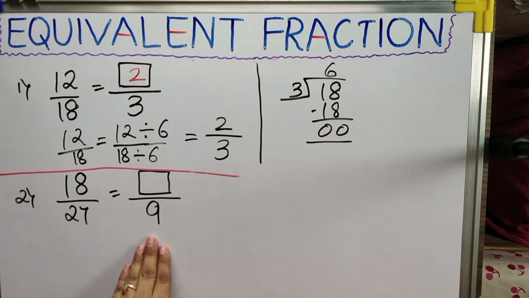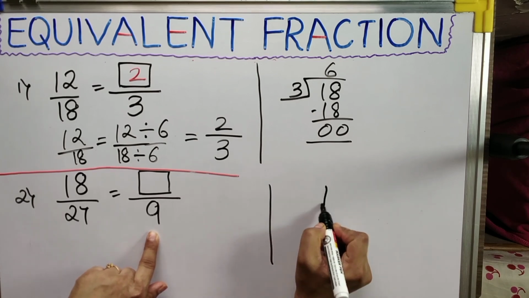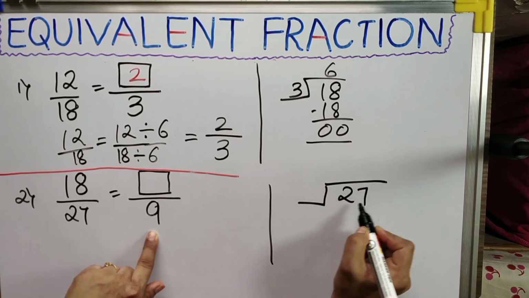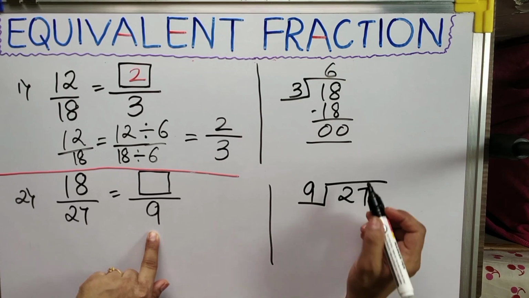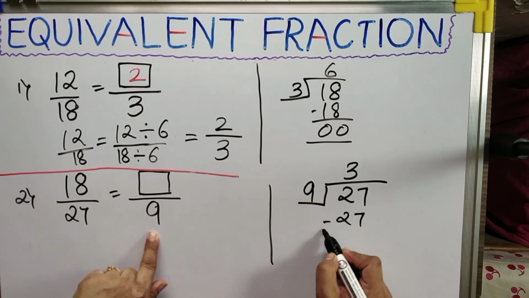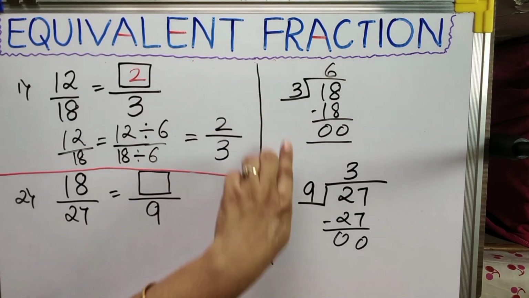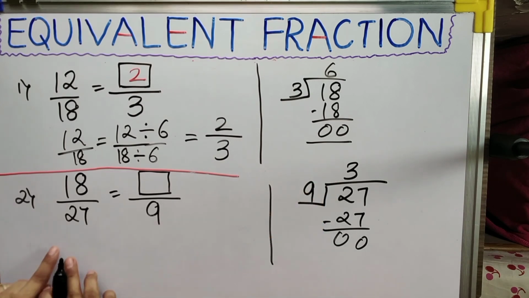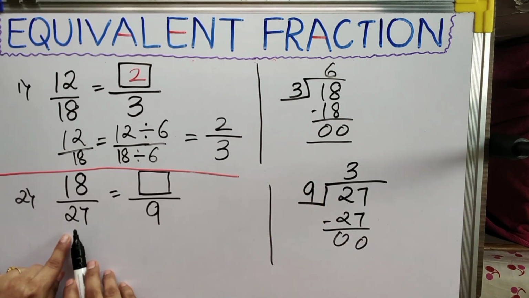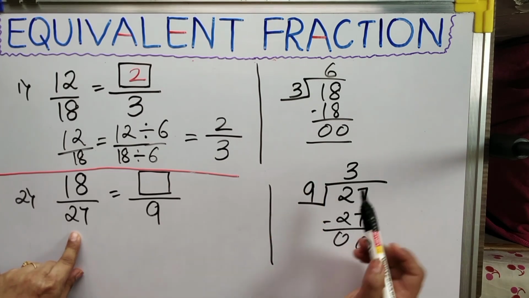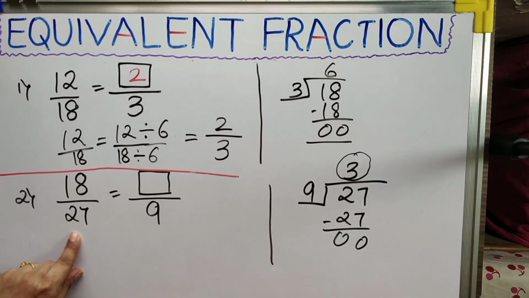So how can we do that? Simply divide 27 by 9 and check. So 9 3s are 27. This is the rough work which we are doing. So by which number should we divide 27 so that we get 9? We will divide it by 3.